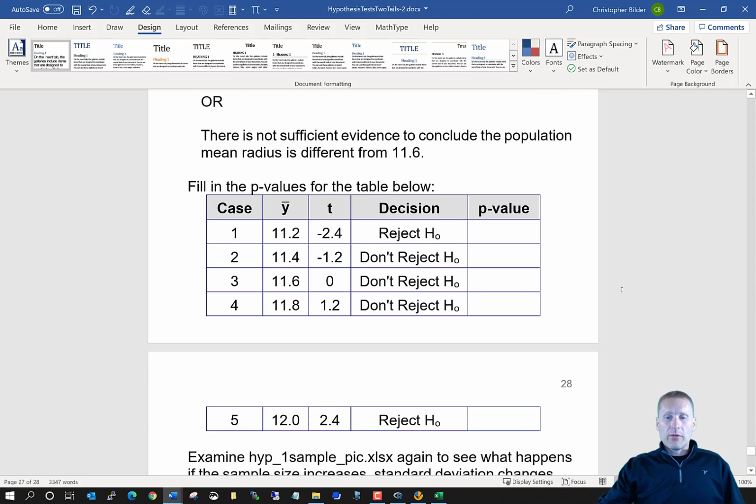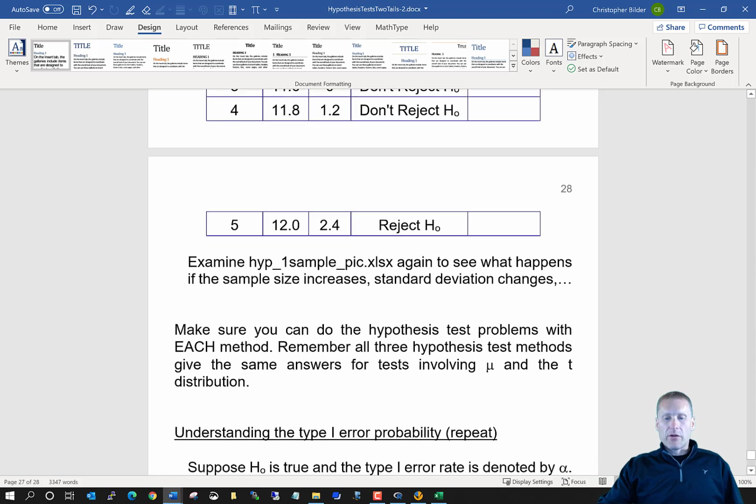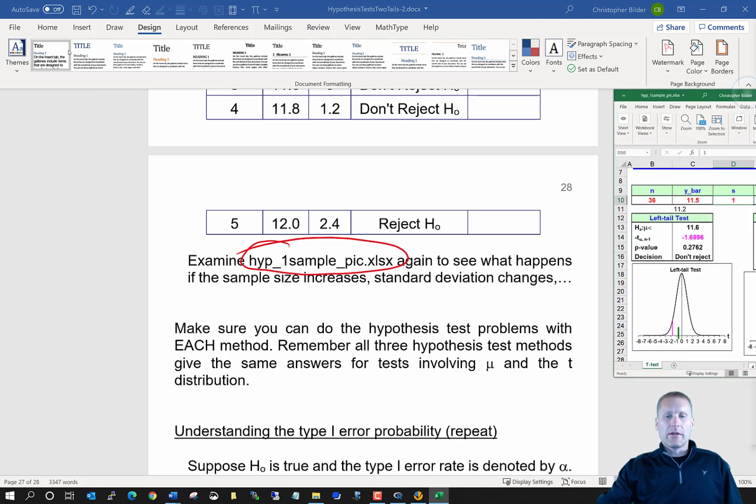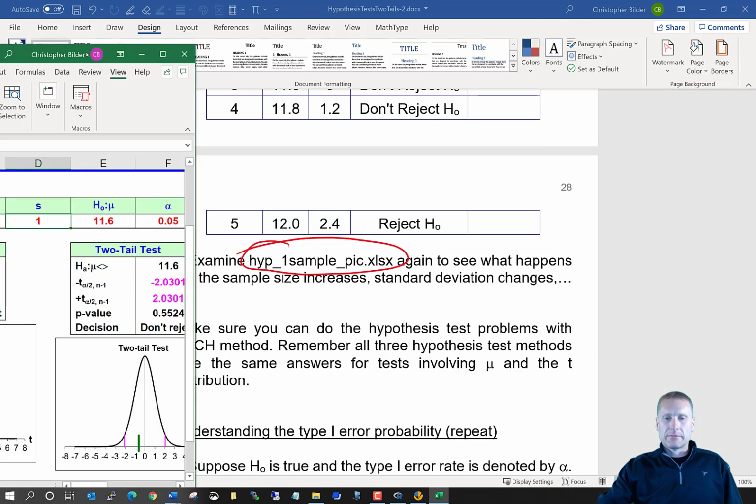Okay, so on your own, I want you to do this. Find what the p-values would be using R for these 5 cases there. Also, on your own, I want you to go back to this Excel file that we had. Let me bring it back over here.